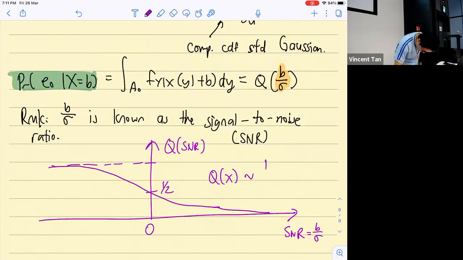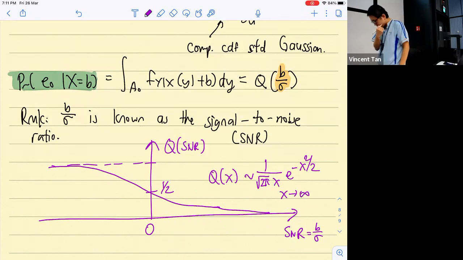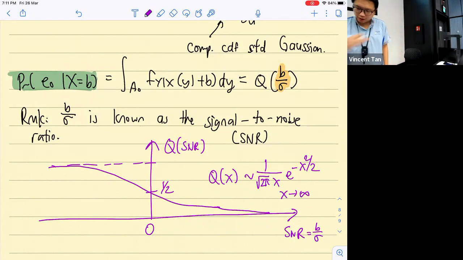So it looks like 1 over square root 2 pi x e to the minus x squared over 2. You don't need to know this, but roughly when x is very large, it has this behavior, so you can see that actually it goes down very fast. And that's a good thing. So if you bump up the signal to noise ratio, your Q function goes down, your probability also goes down.